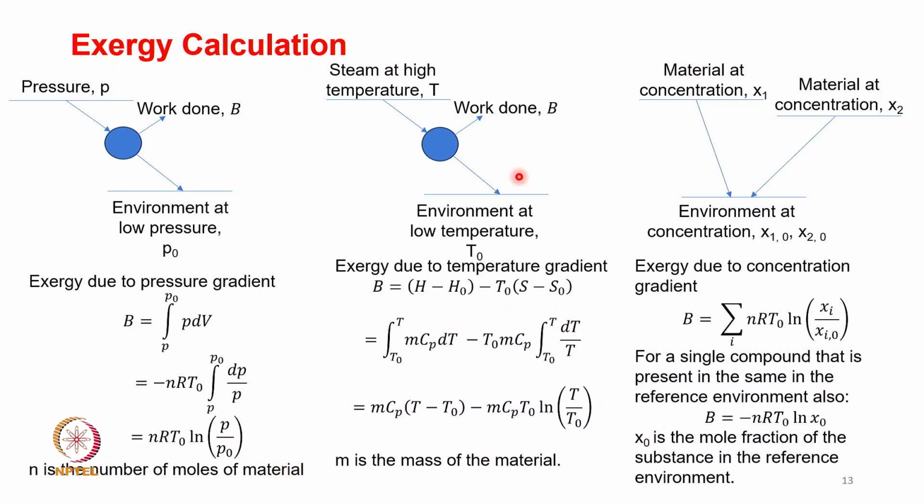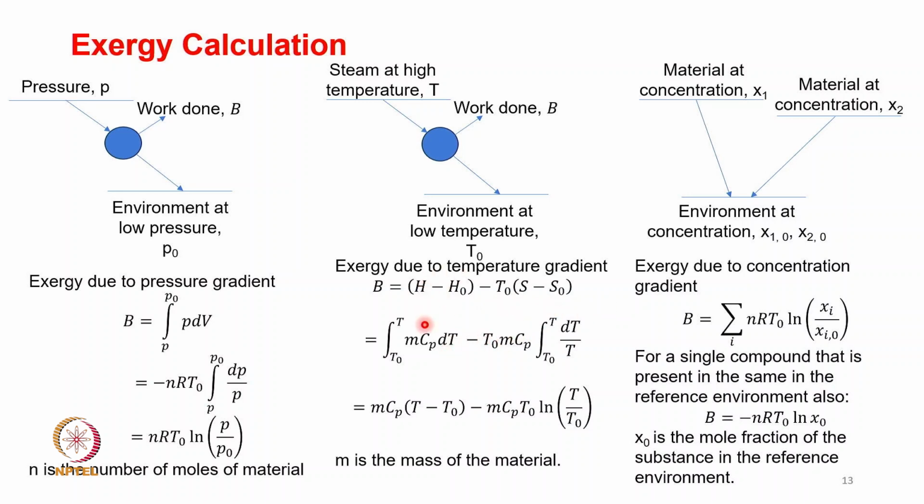Now look at the case wherein you go from a higher temperature to a lower temperature. The steam is at the higher temperature, you get your work done, and the environment is at the lower temperature. So exergy due to the temperature gradient is H minus H naught minus T naught into S minus S naught.